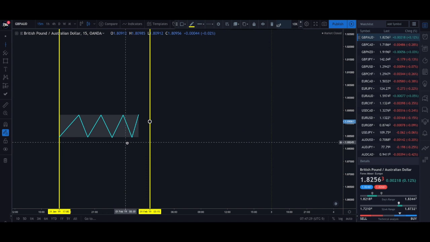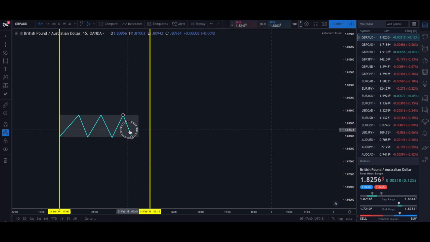Trading on the edge is really all that it is, just picking out M's or W's that happen towards the end of the Asian session.